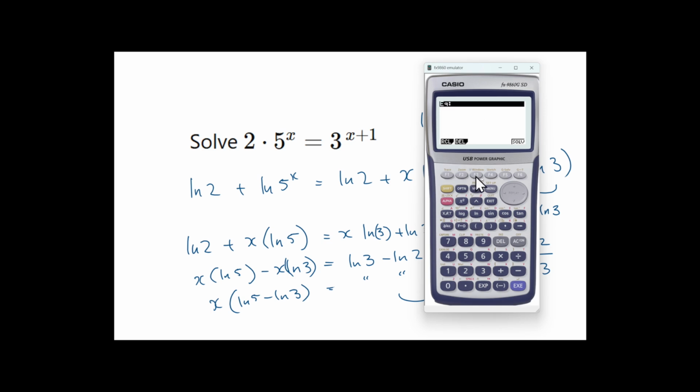So I cleared everything off. So 2 times 5 to the power of x equals 3 to the power x plus 1, and you have to put those brackets in for these Casio calculators, minus 48.